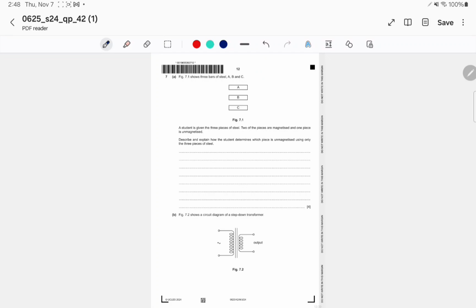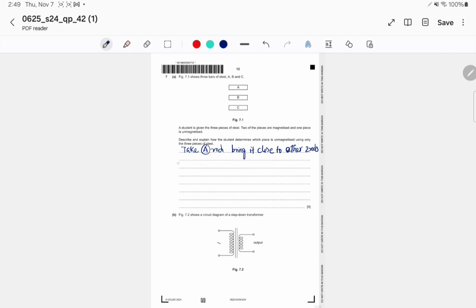So this is the condition. First, take one rod. Take the rod A and bring it close to the other two rods.